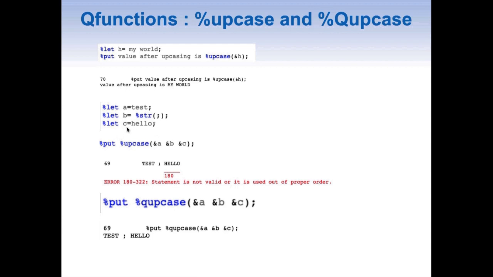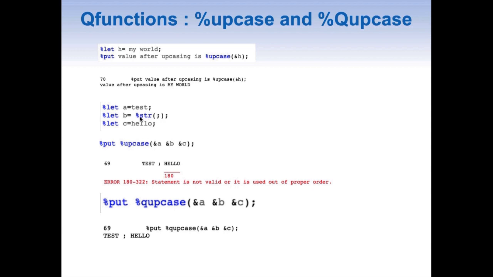And now I also have another macro variable c equal to hello. Now after creating these three macro variables, I want to upcase all three. Before going into the details of this %upcase, please check out my video on quoting functions wherein I discuss %str in detail, and the link for the same I will give in the description below.